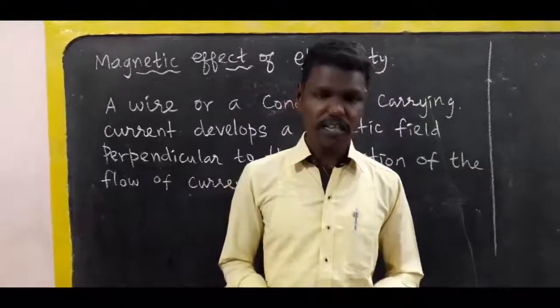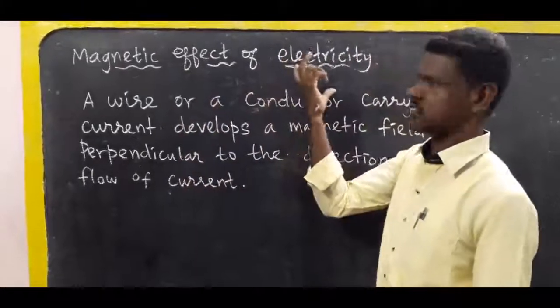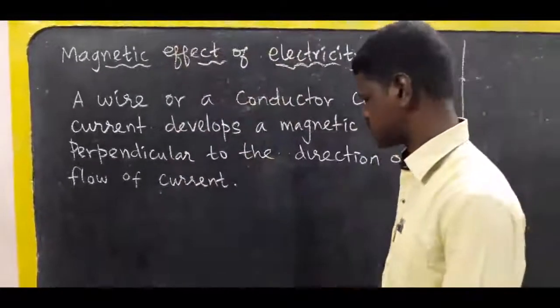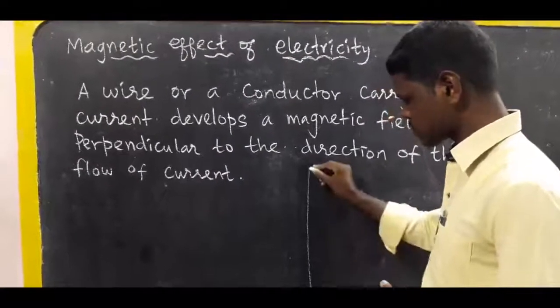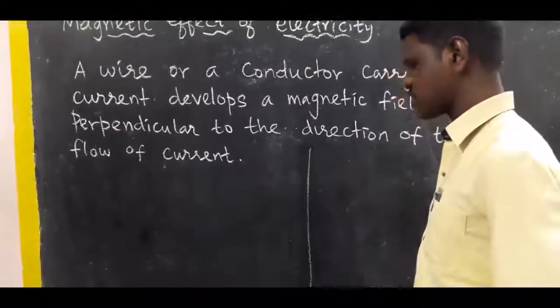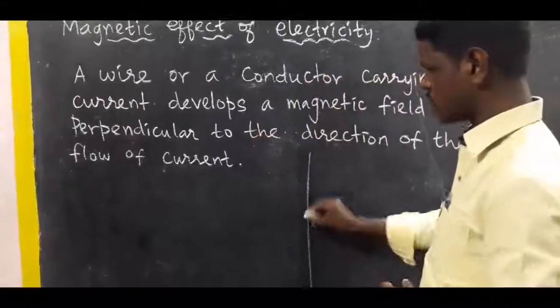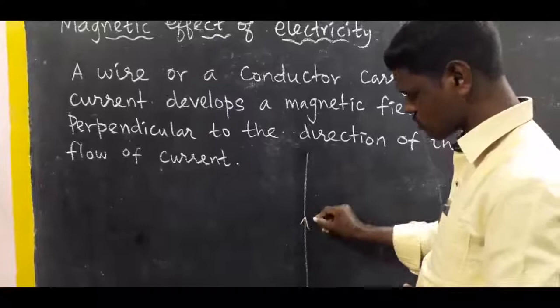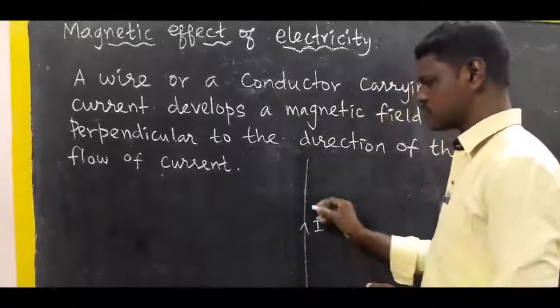Now, how the magnetic field is produced due to electricity is based on the right hand thumb rule. Here we are taking a current carrying conductor. When current flows through this conductor, a magnetic field is produced around it.